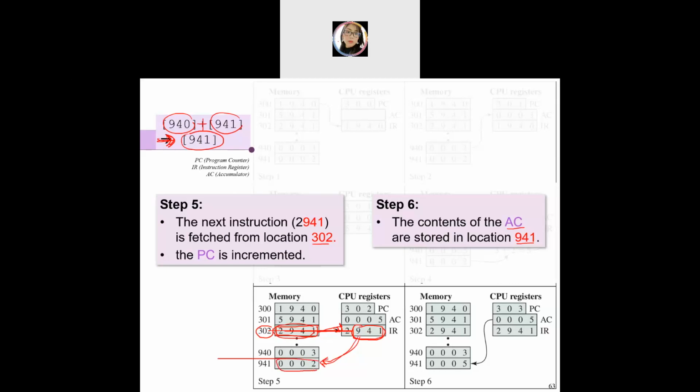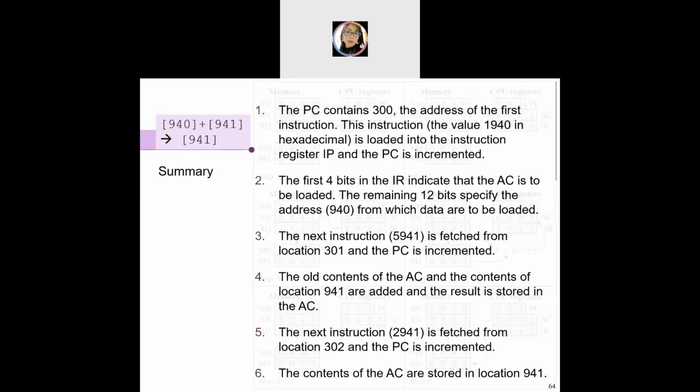You can see it is 0002. But for this value, later on you're going to replace it. It mentioned as a replace to the 941. So the value where you're going to tag it, you're going to tag from the AC. So it depends on the instruction.